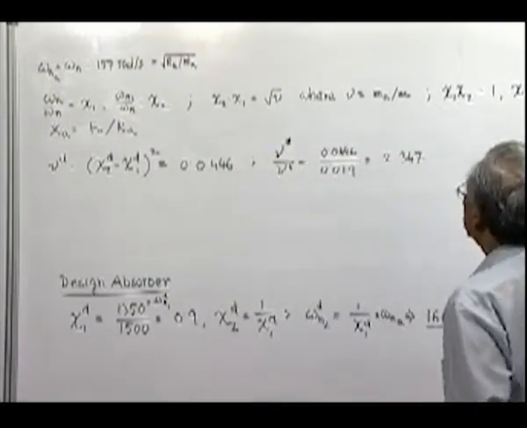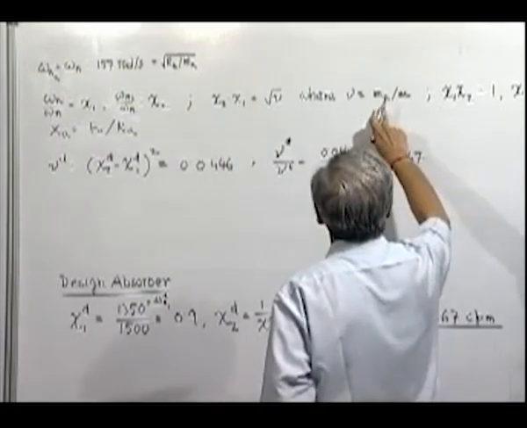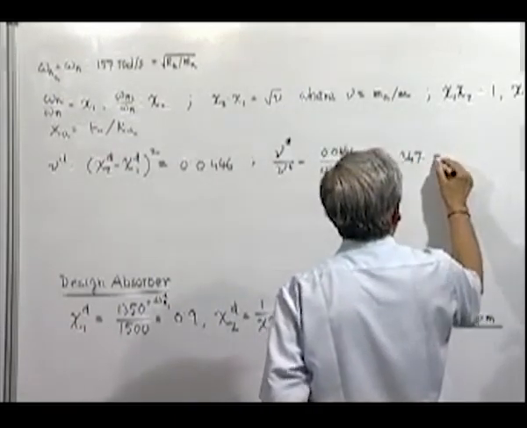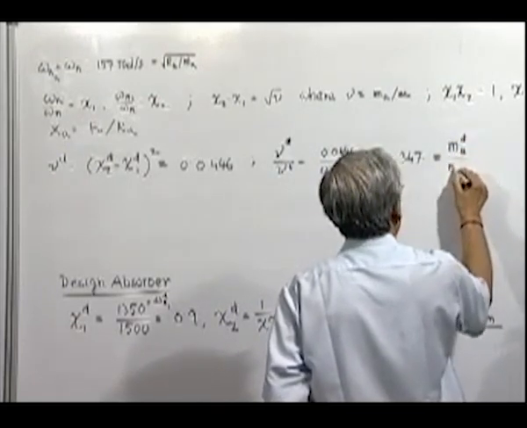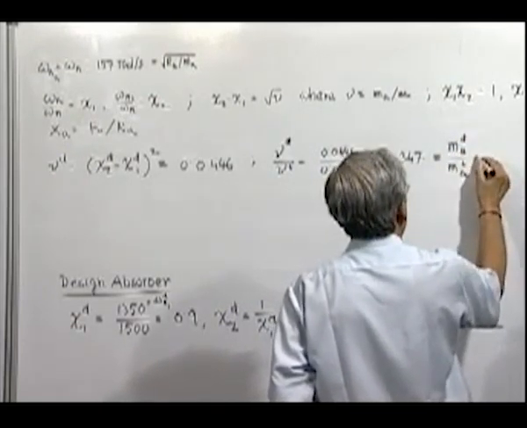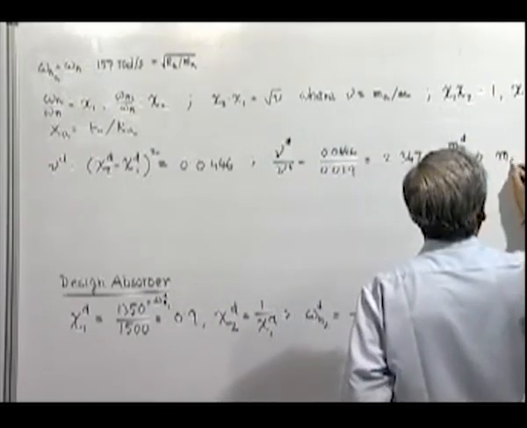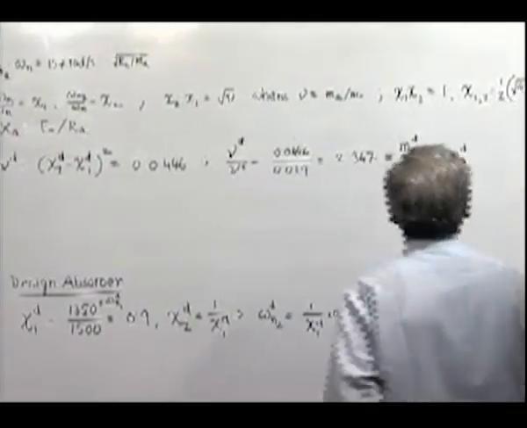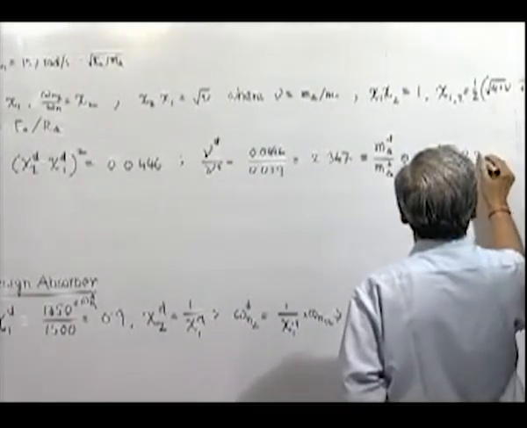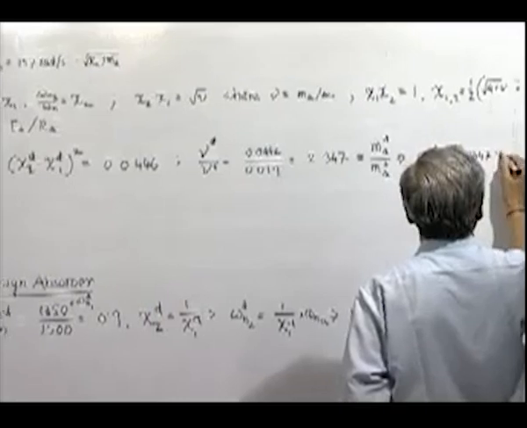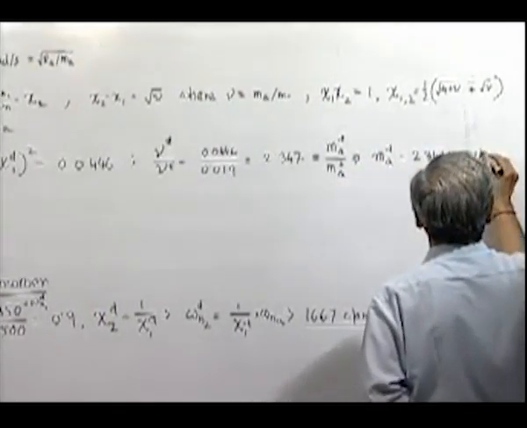Now, since nu is nothing but ma by m, nu d by nu t will be ma d by ma t. So, this will give us the design value of the absorber mass, which will be equal to 2.347 into the trial value of the absorber mass, which was 0.1 kg.